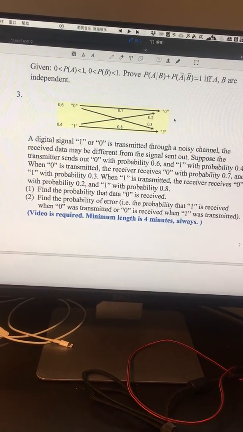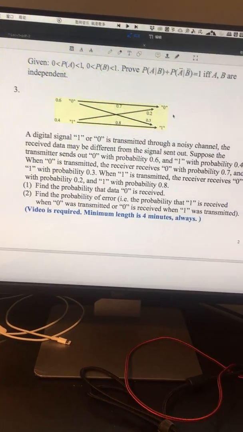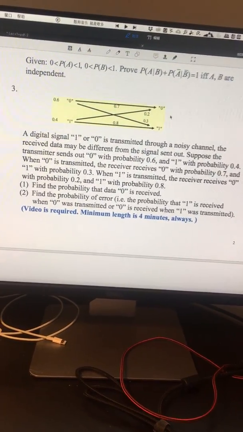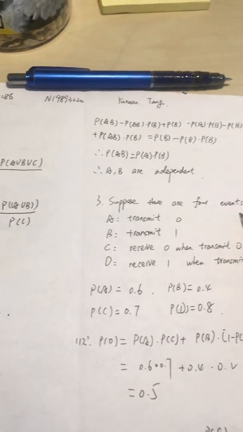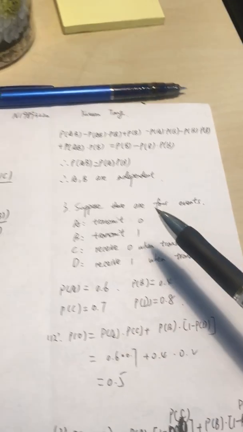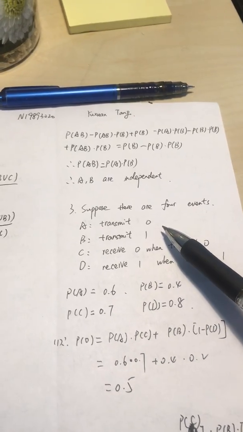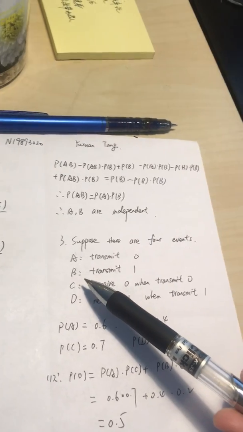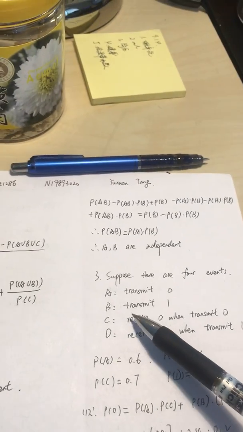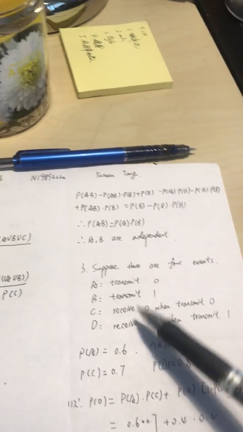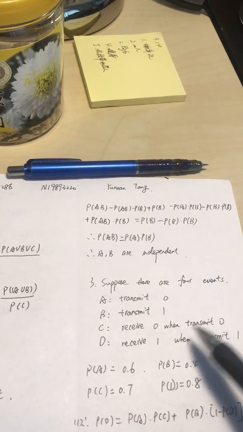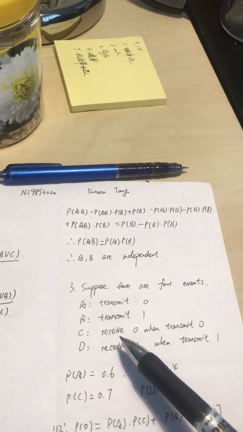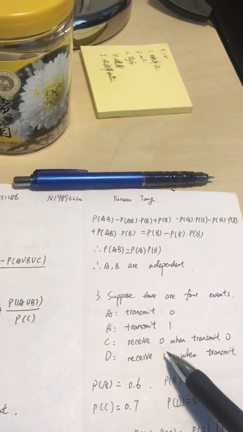The first question is to find out the probability that data 0 is received. Suppose there are 4 events. The first event A is the transmitter sent 0. The B event is the transmitter sends 1, and C event is the transmitter sends 0 and the receiver receives 0.